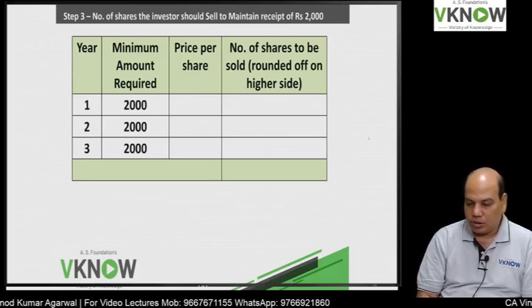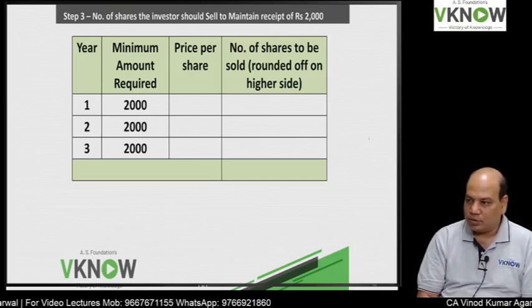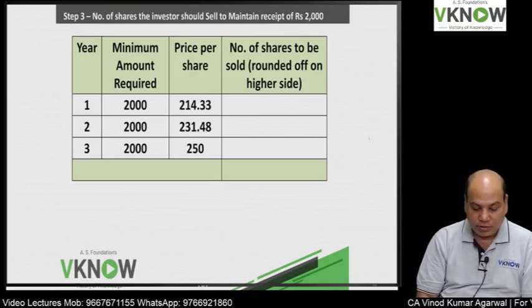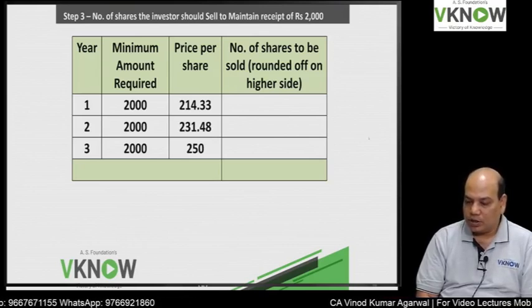Year 1, 2, 3 write down. Minimum amount required 2000, 2000, 2000. Price per share as per previous table: 214.33, 231.48 and 250. Now divide.